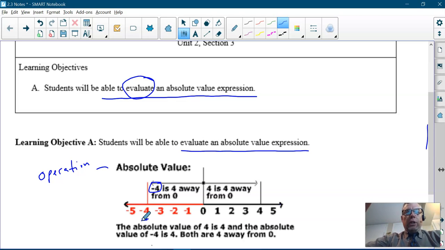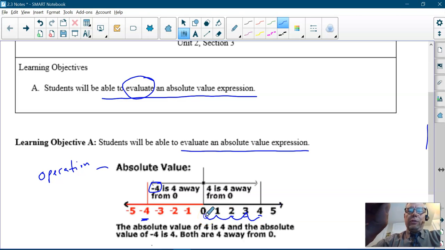So -4 is, as you can see, 1, 2, 3, 4 units away from 0. And then what about +4? If I look at +4, how far away is +4 from 0? We can see that +4 is also 1, 2, 3, 4 units away from 0.